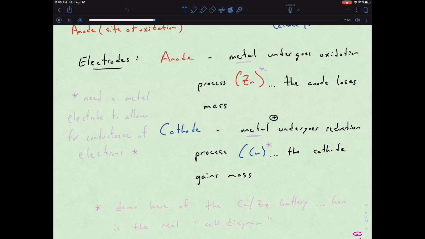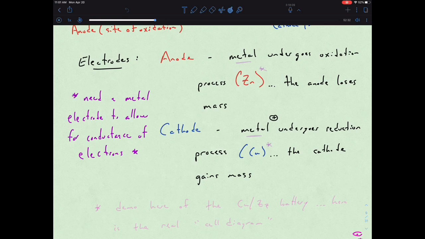So that's the anode and the cathode side of the electrodes. And basically for this kind of definition, we need a metal electrode to allow for conductance of electrons.